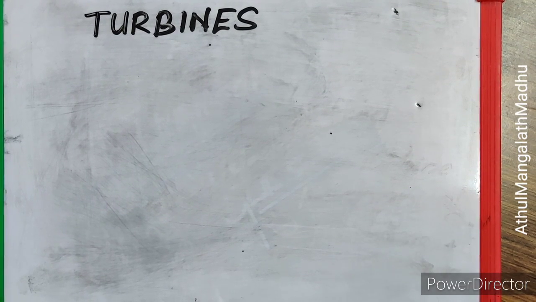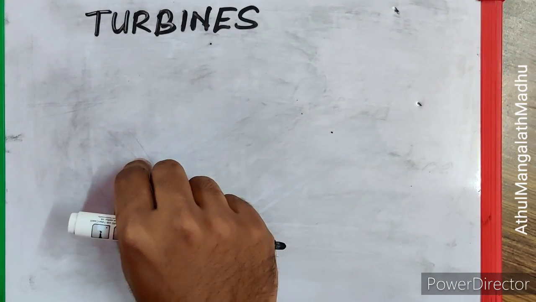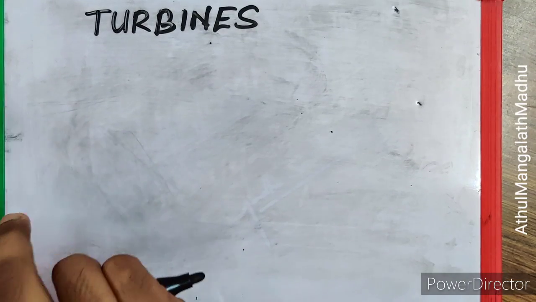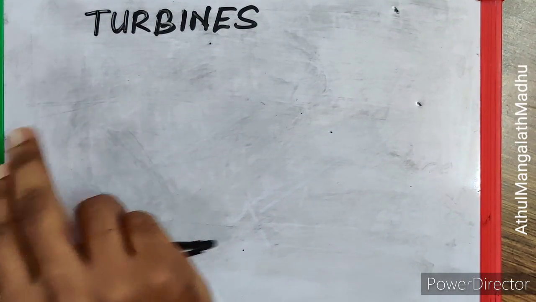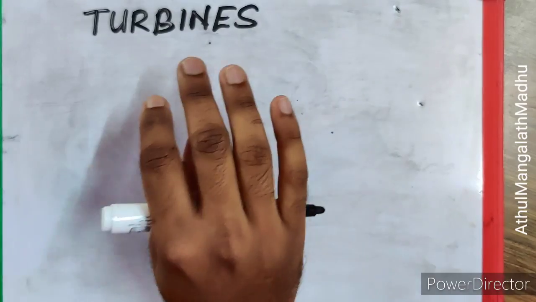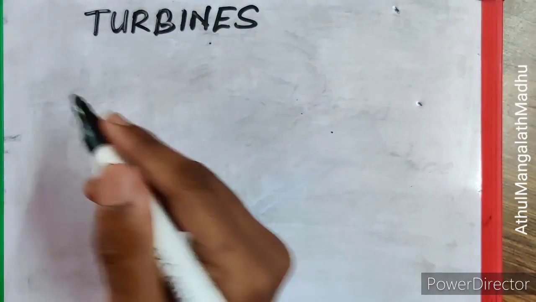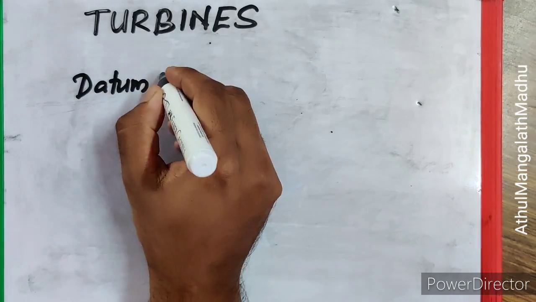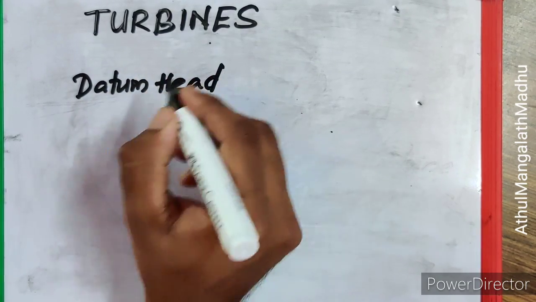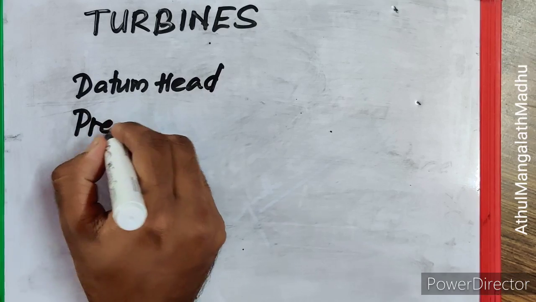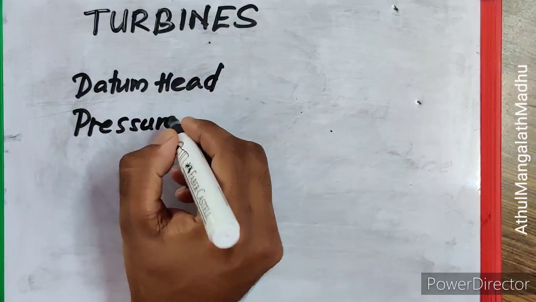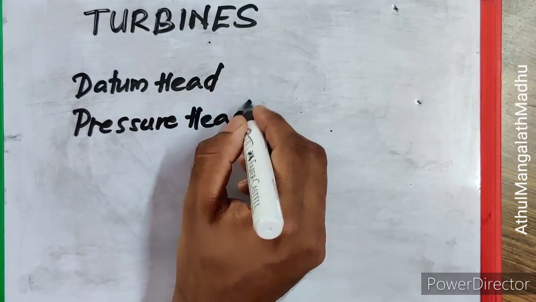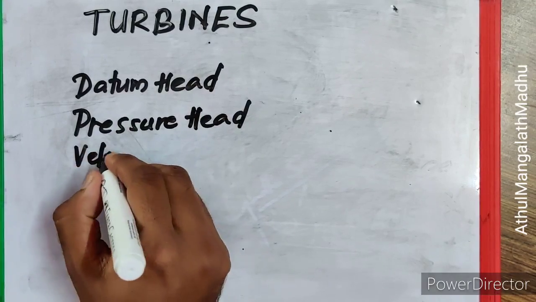So turbines, now we'll be discussing a new topic called turbines. Turbines are a kind of hydraulic machine. We all know that a fluid, whether it's a liquid or gas, has some energy. The energy that a liquid possesses is its datum head, its pressure head, and finally its velocity head.